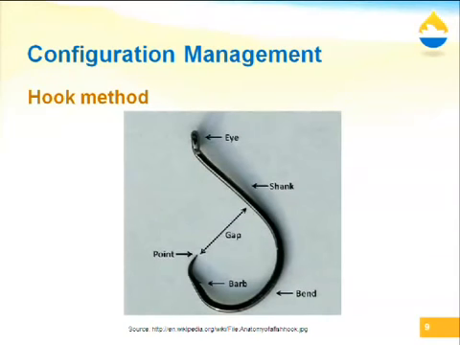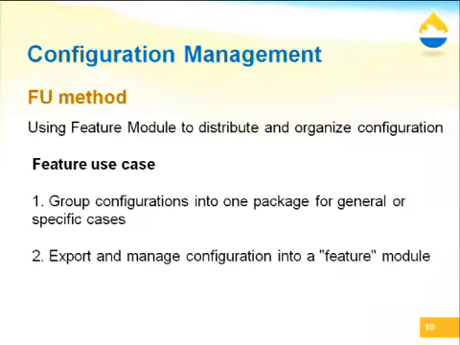And then the next method, the FU method. I'm not putting pictures because it's probably a bit problematic. So what is the FU method? Everybody knows what the FU method is. Compiling all your changes into a features module. Yes.